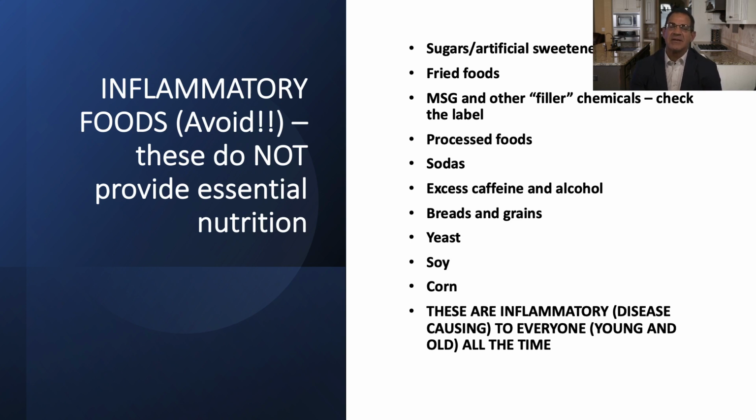These foods are imitation. They are not what they were. And when you look down there and you see that breads, grains, corn, and soy, I want you to think government subsidized foods. In other words, let's take it one level further. The United States government subsidizes foods that make you create less energy and create more free radicals and die quicker.